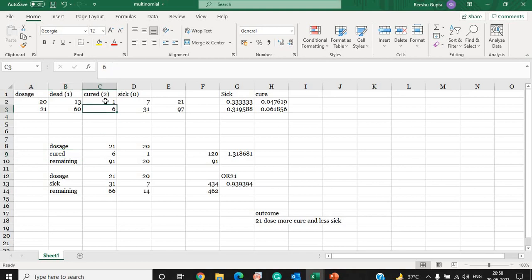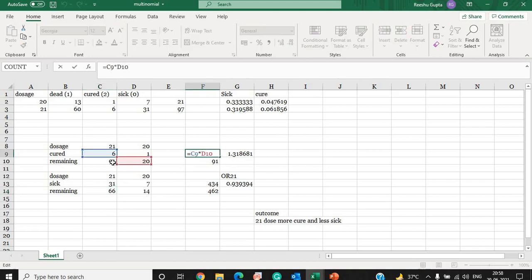And how many are cured in terms of the 20 microgram dose? 1. Similarly, if you are going to calculate the sick, then in case of the 21 microgram dose, 31 are sick, and in case of the 20 microgram dose, 7 are sick, and whatever the remaining you can write here. And then you will just do the diagonal.